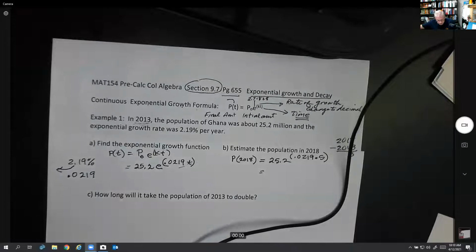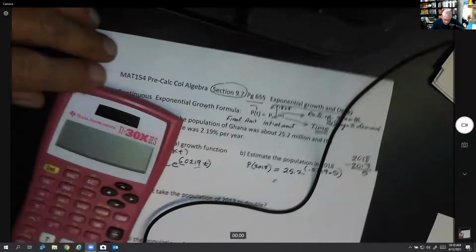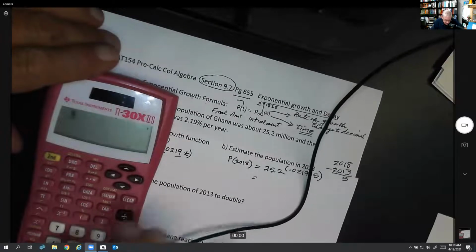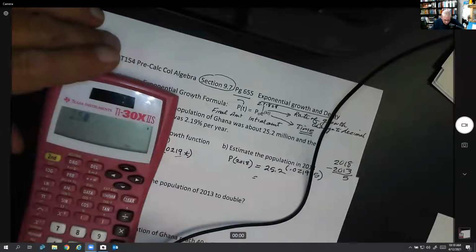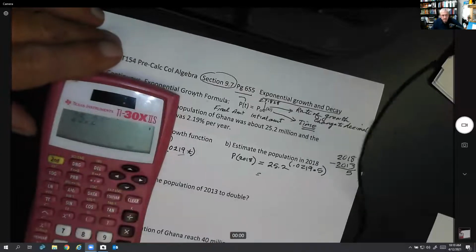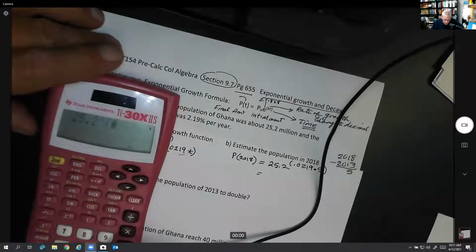Try to find one. Let's go through this all out. So this is 25.2 raised to, parentheses, point. Oh, wait a minute.